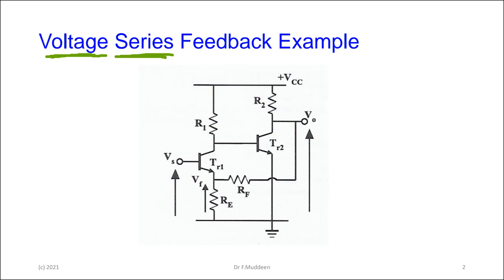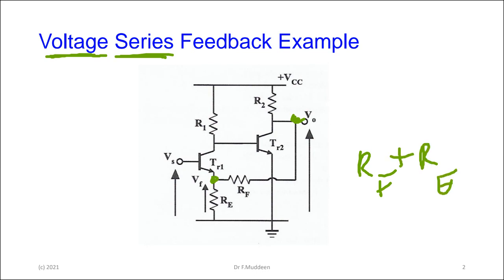Notice what's happening: the feedback resistor is connected back to the emitter of TR1, the first stage. So there's a voltage being sensed at the output, and this network of RF and RE.